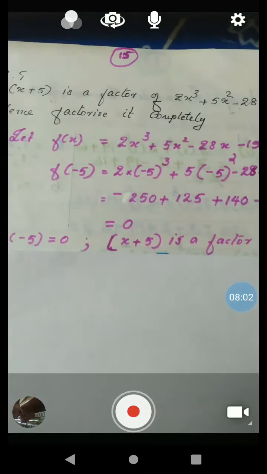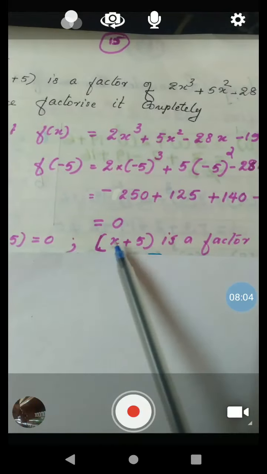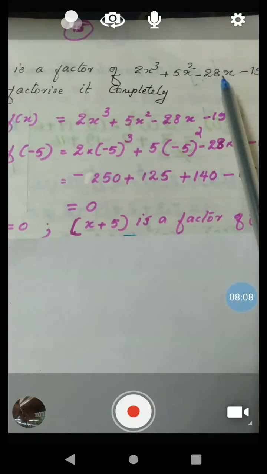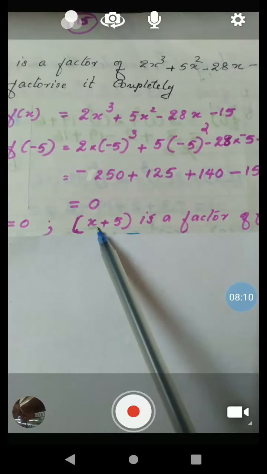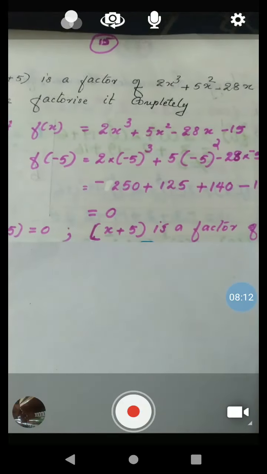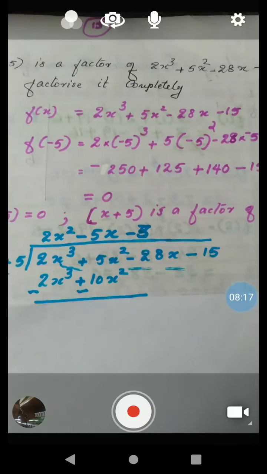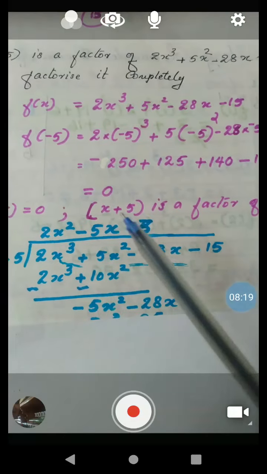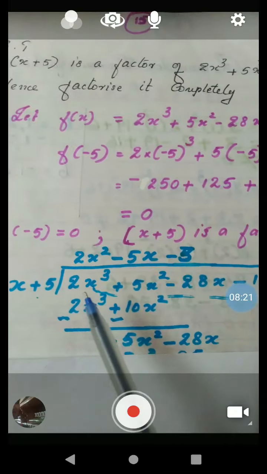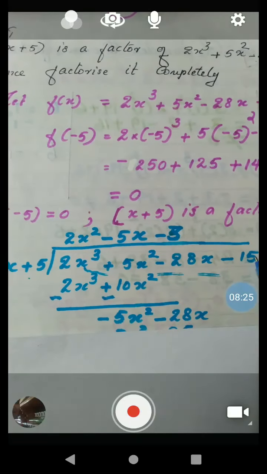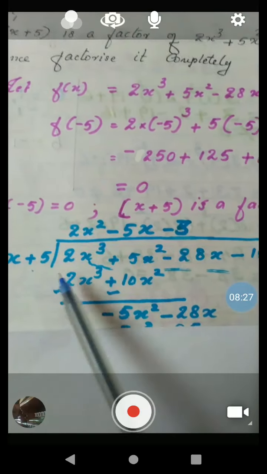Now, if x plus 5 is a factor of this expression, we can divide this expression by x plus 5. We will get another factor. We can divide by long division method. You have to divide. That is, this is the dividend, and this is the divisor. Divide it.